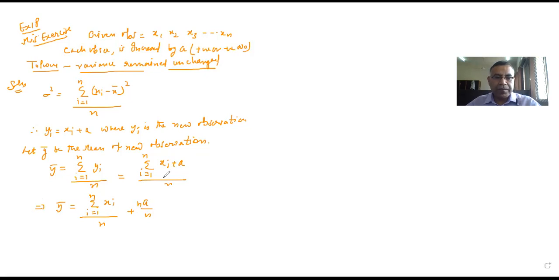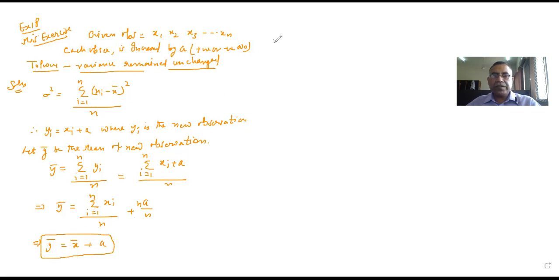This is na because i is going from 1 to n. So when I sum a n times, this will be na. So y bar is equal to x bar, because this is the definition of mean, sum of observations divided by number, plus a, as n cancels. So my new mean is x bar plus a.